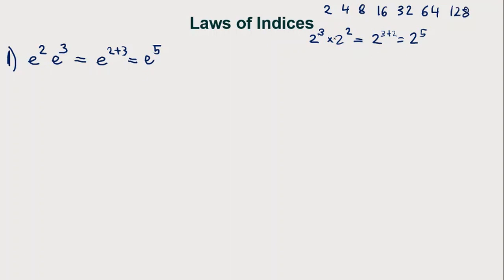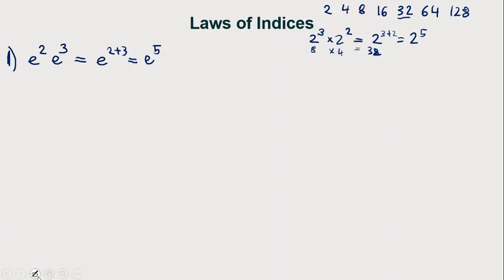But anyway, 2 to the power of 3 is 8. So we would have 8 here multiplied by 2 to the power of 2, which is 4. That's supposed to give me 32. And if you look closely at the powers of 2, the fifth power is indeed 32, so the equation holds. And you can check that with any base and any indices, and it will come true.